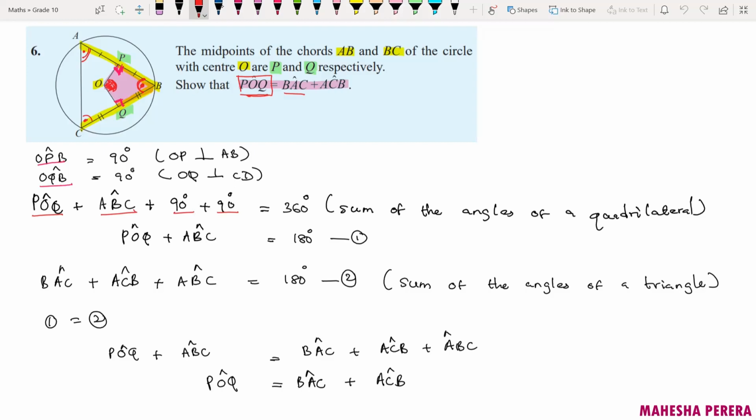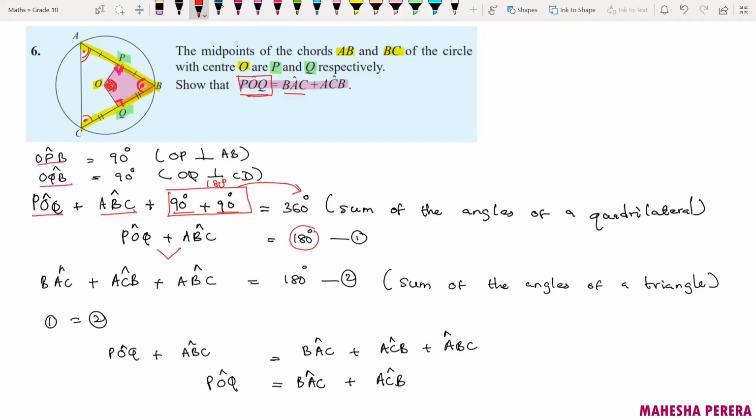So when you simplify, adding 90 degrees and 90 degrees gives 180 degrees. If you transpose this to the other side, it becomes minus 180 degrees, so you get that these two angles add up to 180 degrees. So this is your first equation.